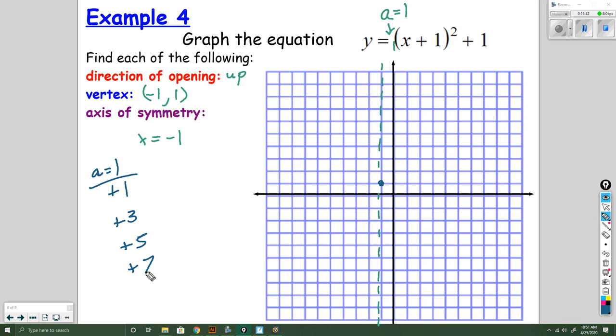Otherwise, if a is some decimal value, it might be a little bit more difficult. But if a is some whole number value, it's actually pretty easy to not build a table and not do all this work in finding the other points on the graph. So first, the increase is going to be by 1, then by 3, then by 5. Boom, we're done.